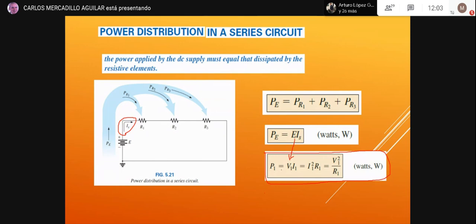Okay, this is the original equation. But by Ohm's law, we can substitute in the first case V equals RI.